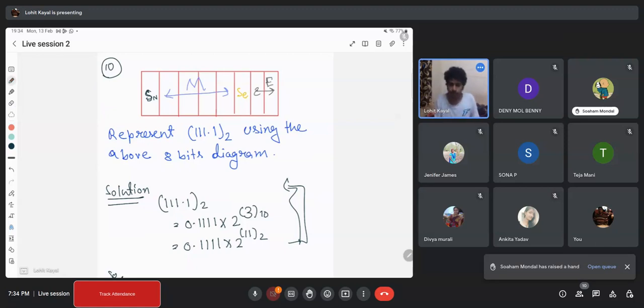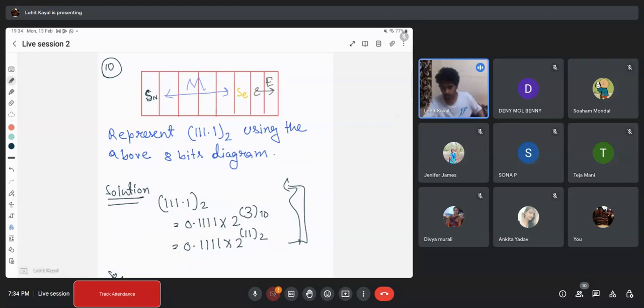Yes, Shoham. So what is the mantissa? That four-bit portion. If you go through the lecture, most probably it was in the third lecture. Mantissa is the main body of the number.